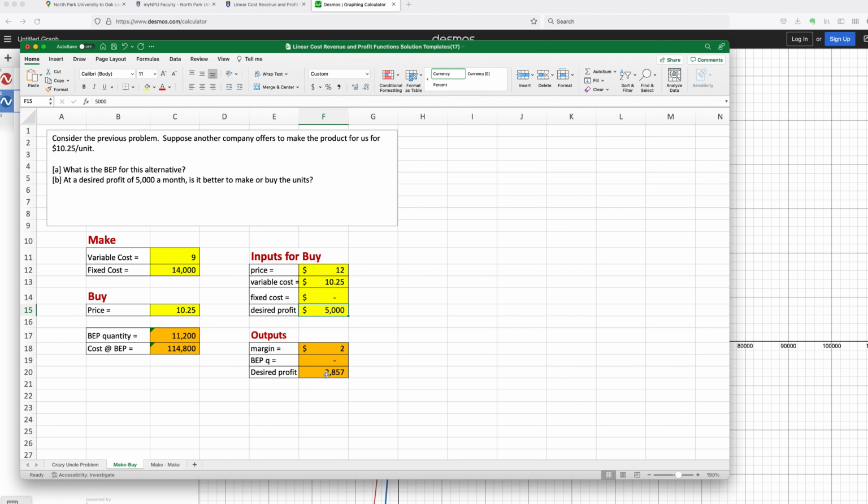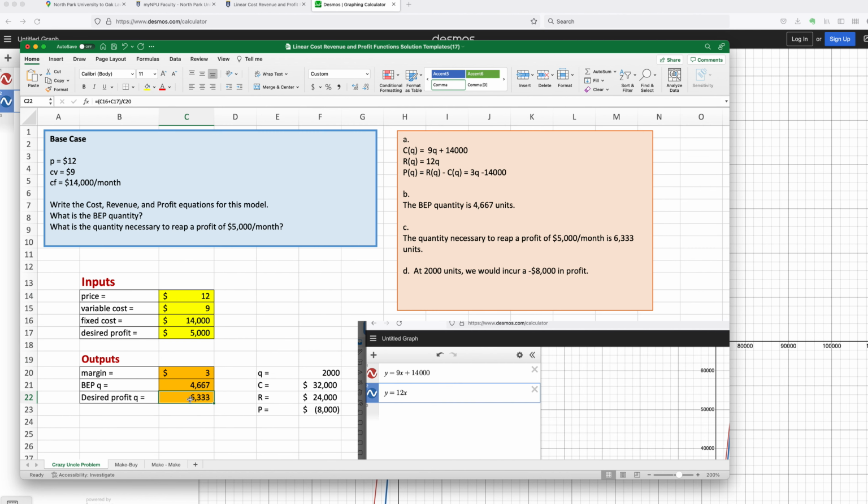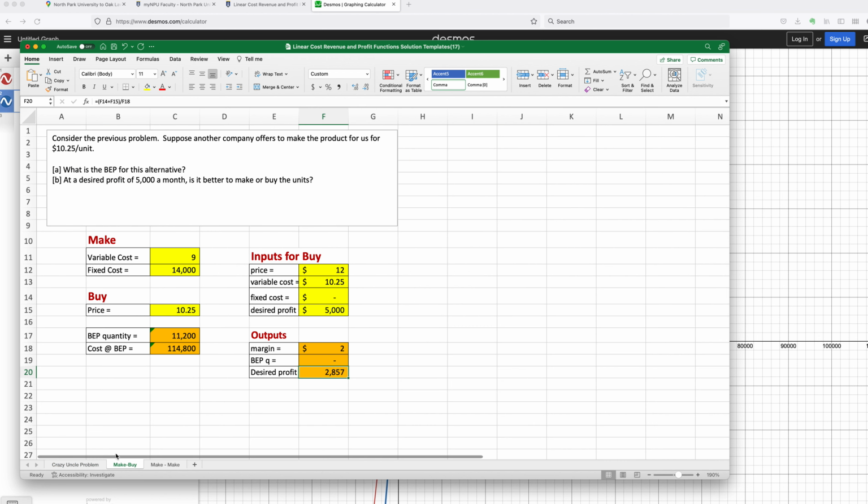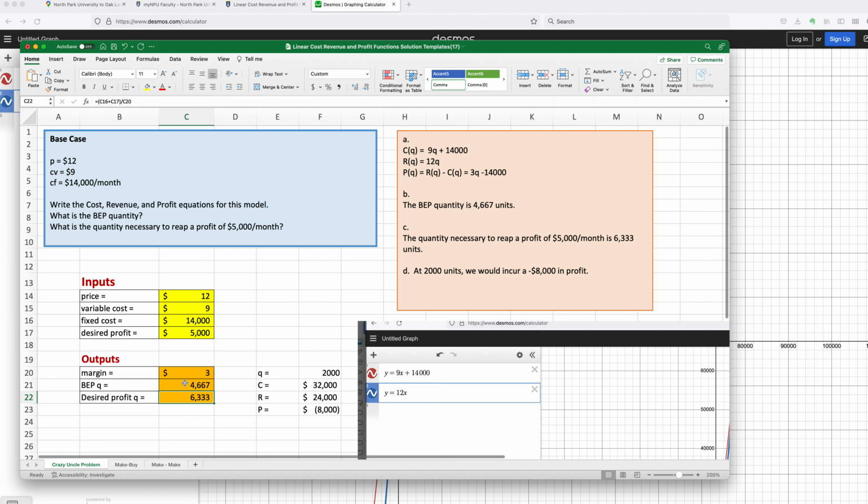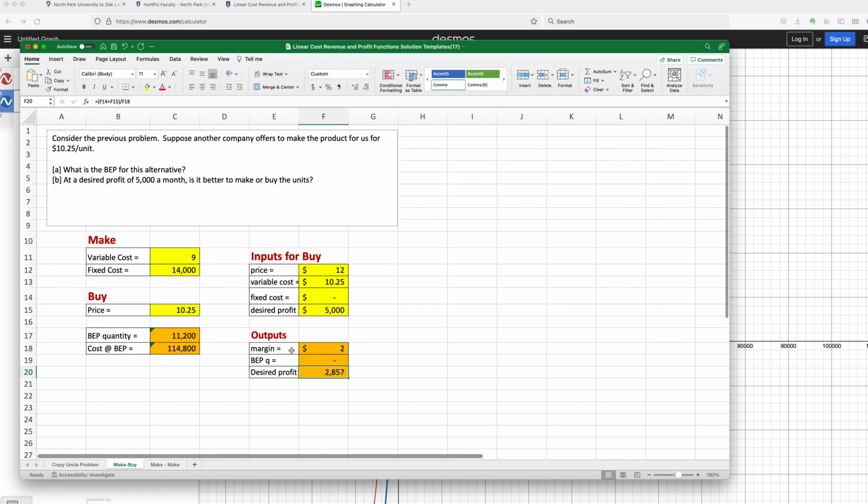But now I can make 5,000 a month, a desired profit, by only having 2,857 versus 6,333. Given the amount that I need to make here, I need 4,667, I need 6,333 to make $5,000 a month. I go over here, I only need 2,800.